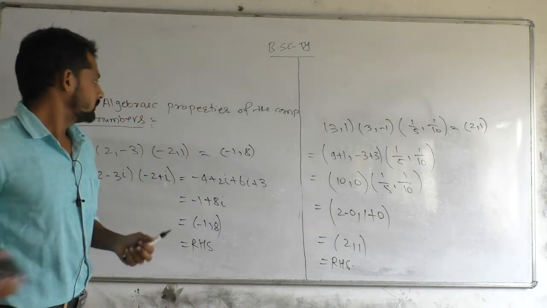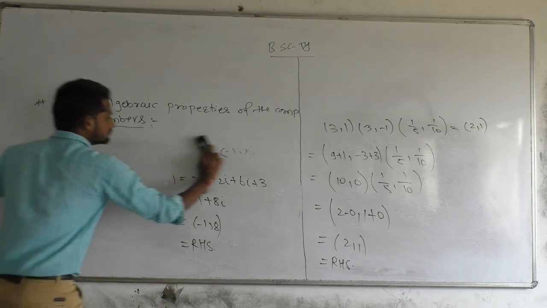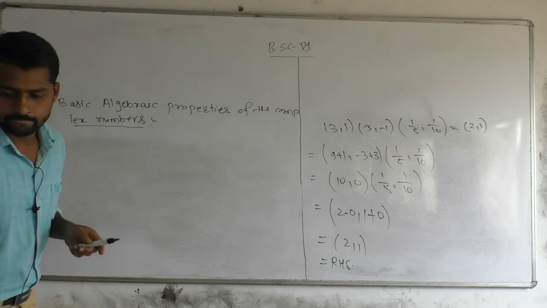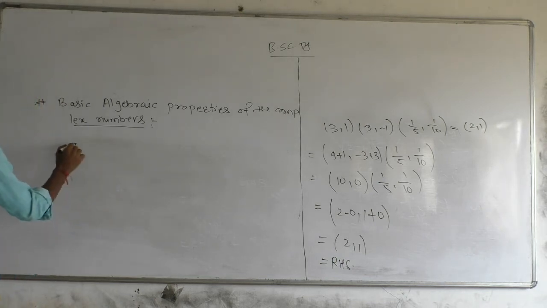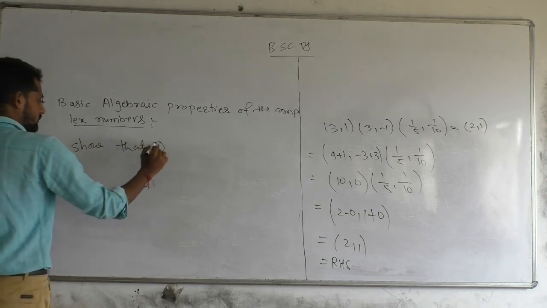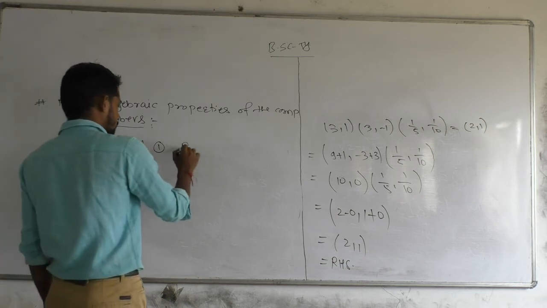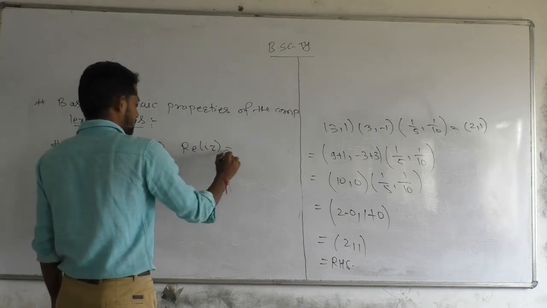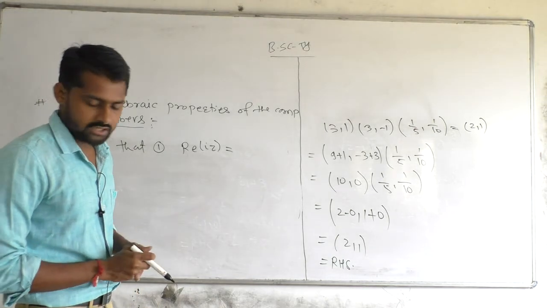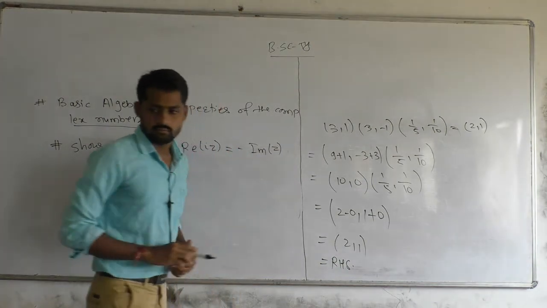Now another example. Show that, first, the real part of i times z is equal to minus the imaginary part of z.